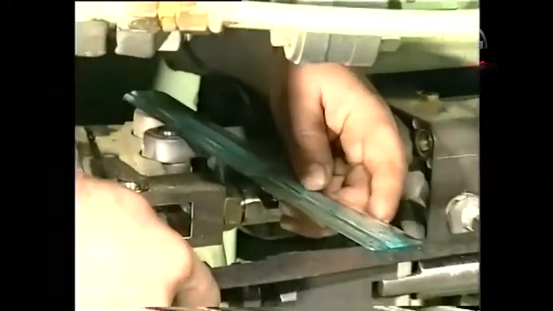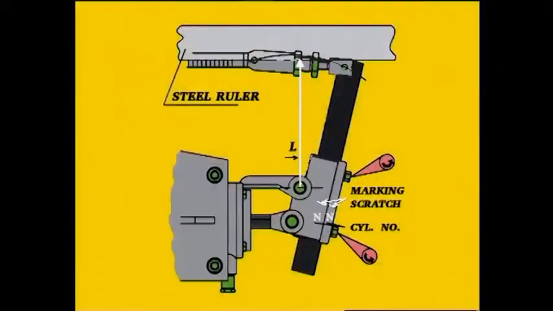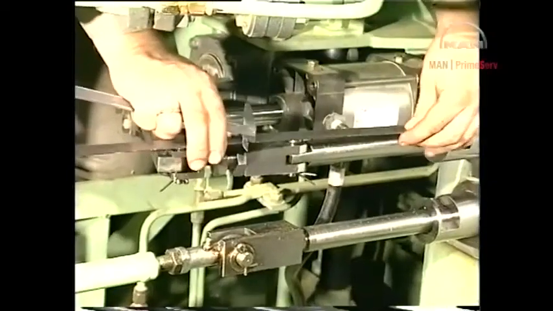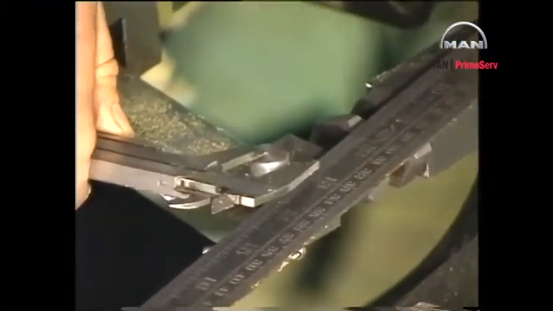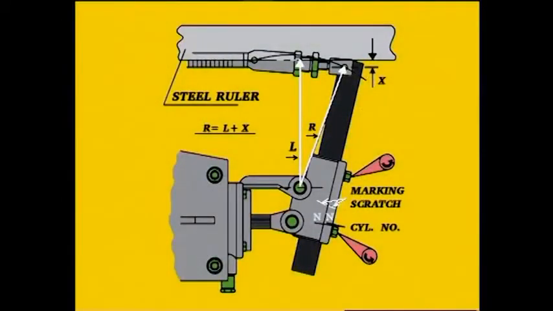Note down the result. Measure distance X between the pivoting point and the center line of the VIT rack. Note down the result. To ensure that the movement of the link is evenly distributed around the center line of the VIT rack, R must equal L plus X.